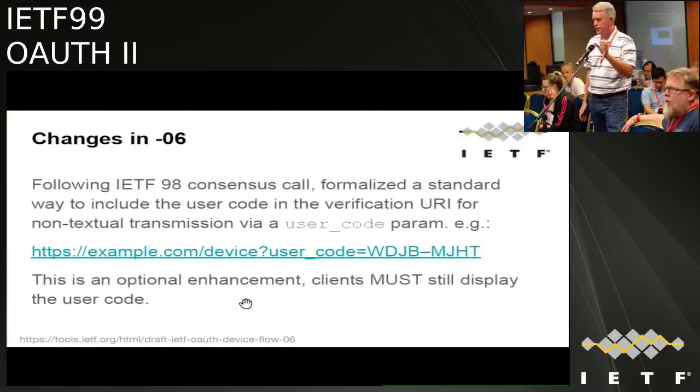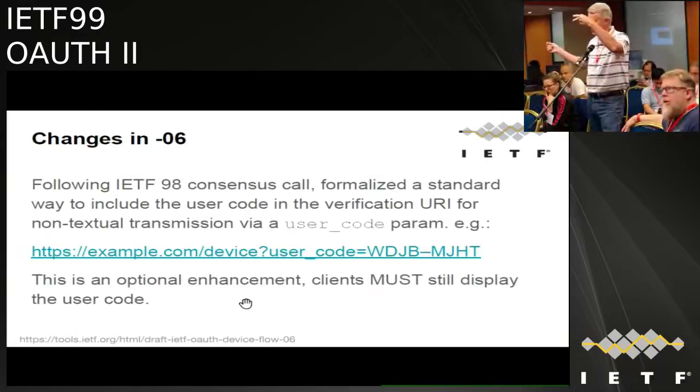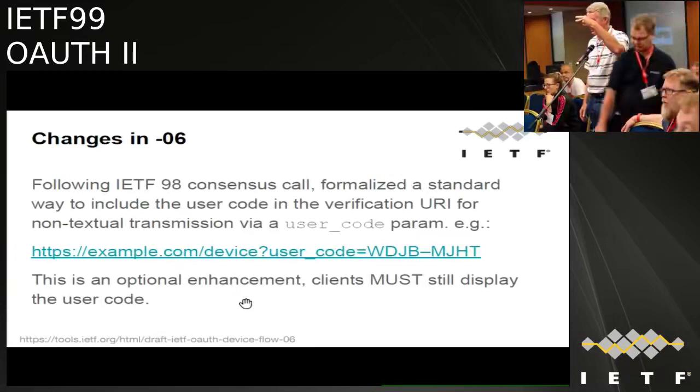In other words, the code is only for typing into web pages, and the composed URL is only for sending it as a parameter. Having what you have on the screen now, of user code equals that, which is composed by the client based on these two pieces to make this URL, is that option still on the table? Other than the fact that implementations are doing it today, perhaps.